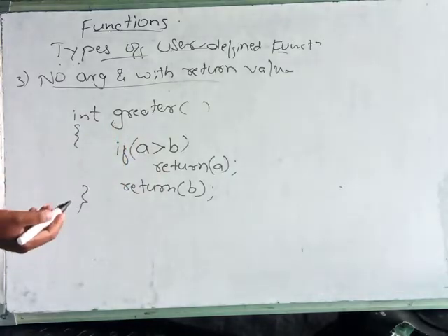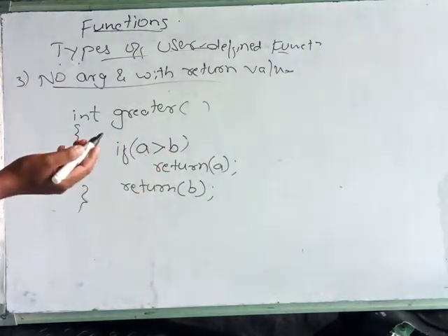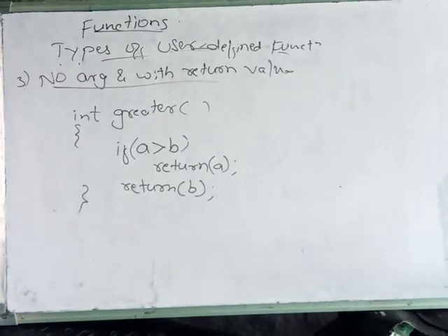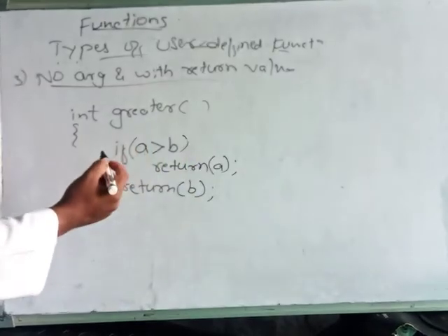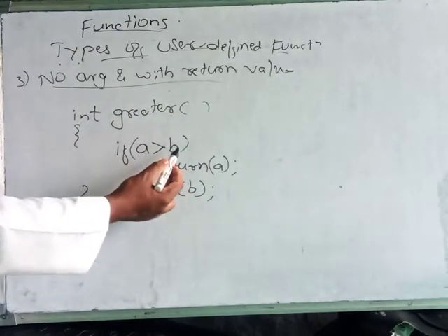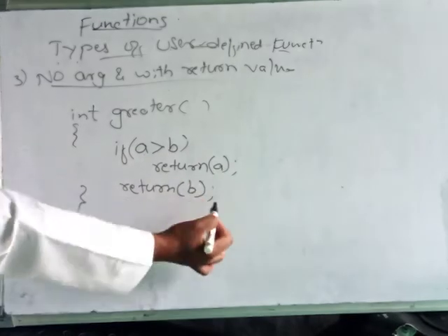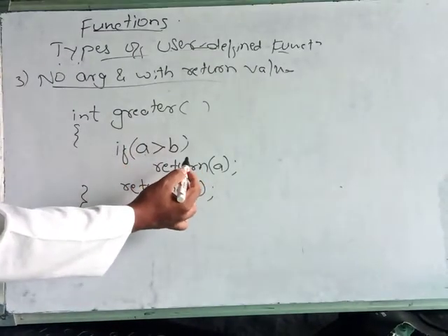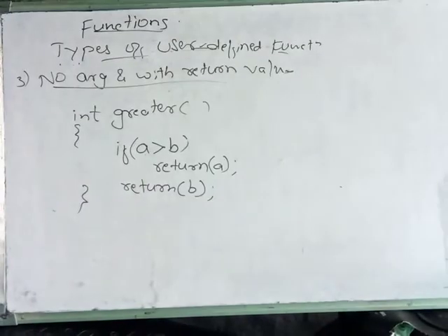These variables are global variables which are already declared in the main program. From there only it uses these variables. Here it will check the condition. If a is greater than b, then it will return a. If it is not true, then it will return b.